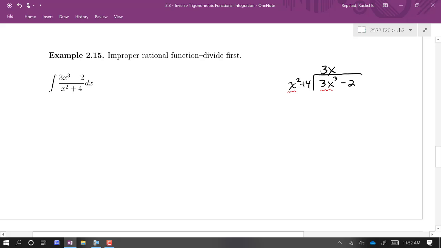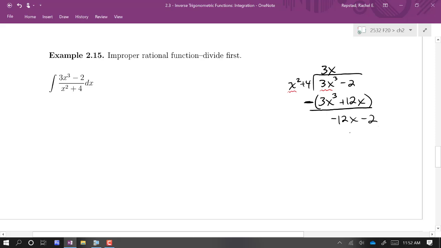I'm going to take that 3x and multiply it by the divisor to get 3x cubed plus 12x. Now I have to subtract this whole thing. The 3x cubes cancel. I've got to bring down the 12x. That's a negative 12x. I have to remember I'm subtracting the whole thing. Minus 12x minus 2.